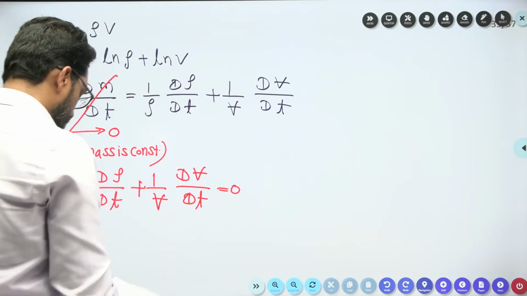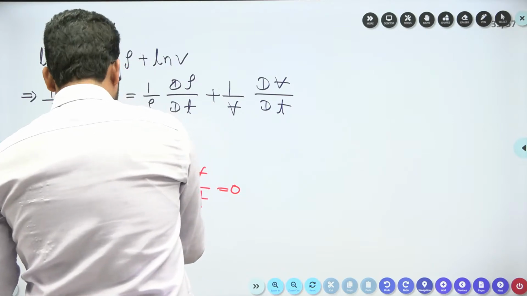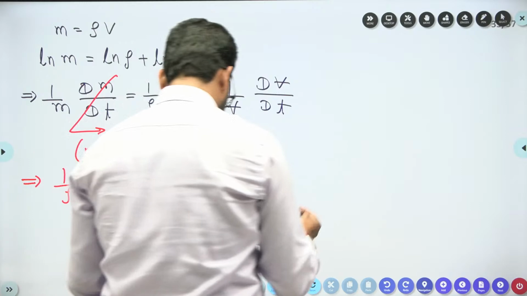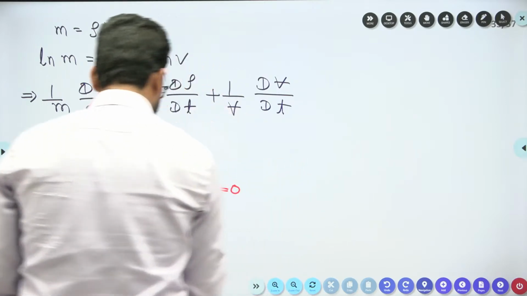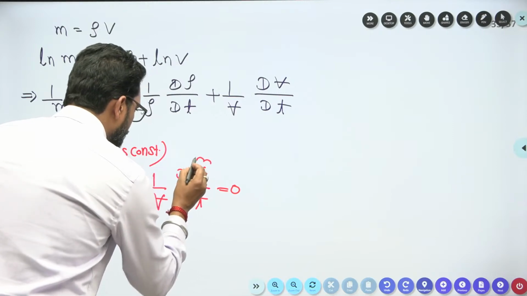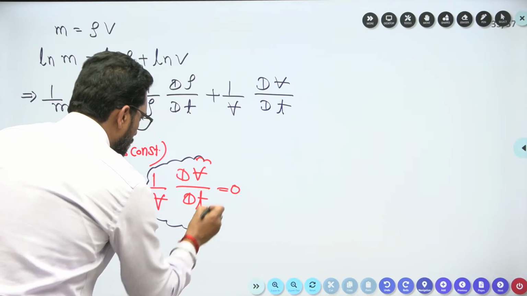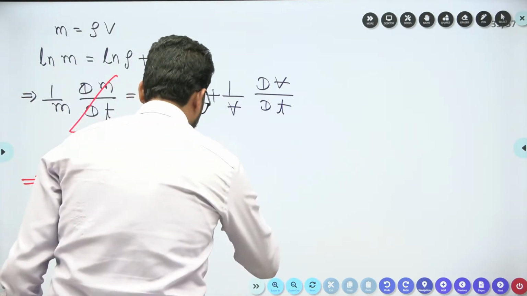Okay, is 0. That means this is what, beta? 1 by rho D rho by Dt, and 1 by V DV by Dt. So this is what, beta? Volumetric strain. This is what? Volumetric strain.